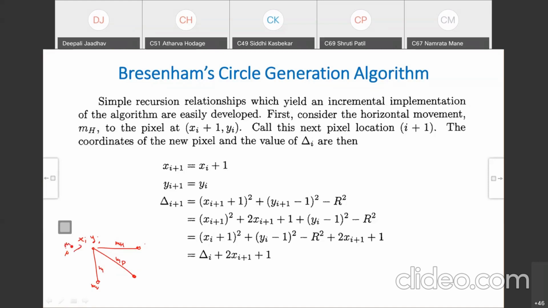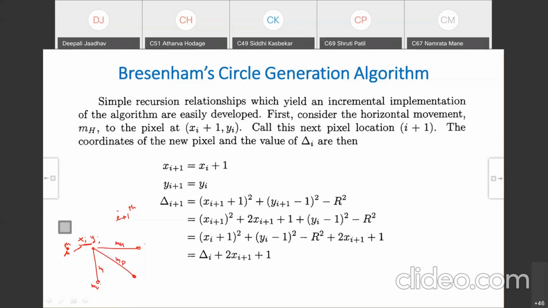Then whichever of these is selected is the I plus 1th point. Don't confuse it with this calculation. This point xi and yi is the ith point on the circle: the 0th one, then the first one, then the second one, then the third one. In this way, we find one by one the points on the circle.